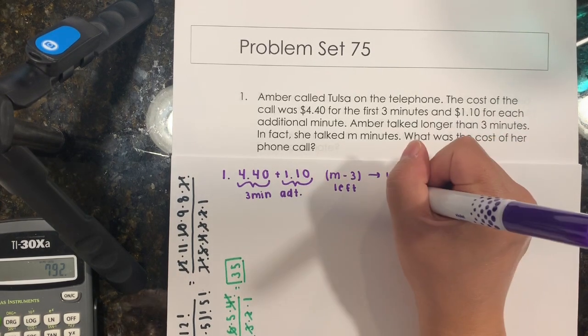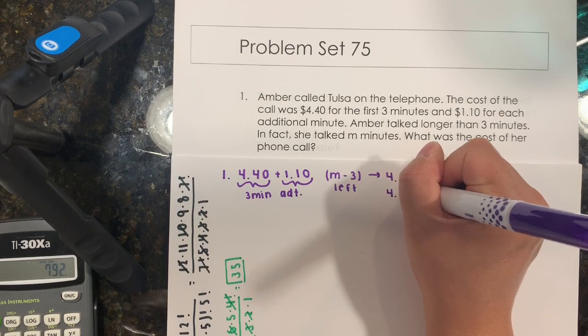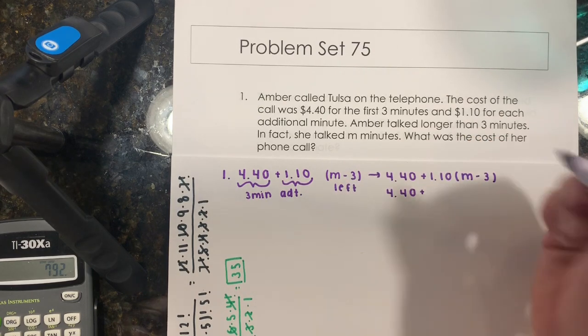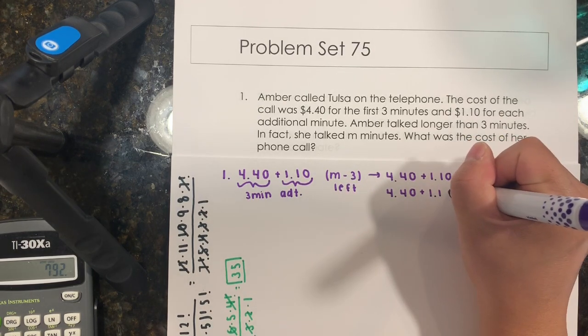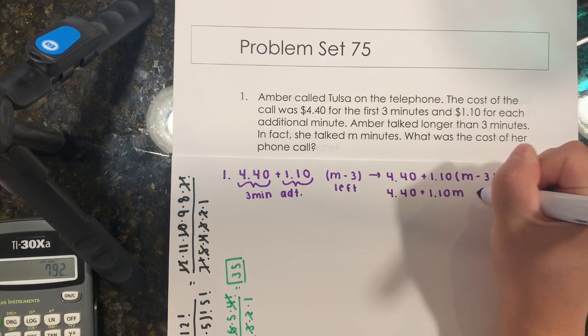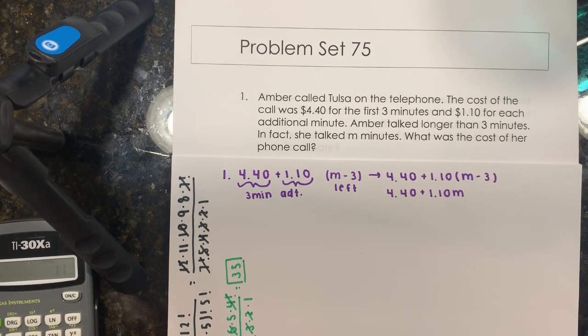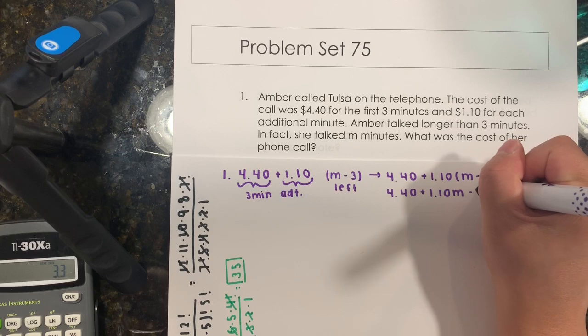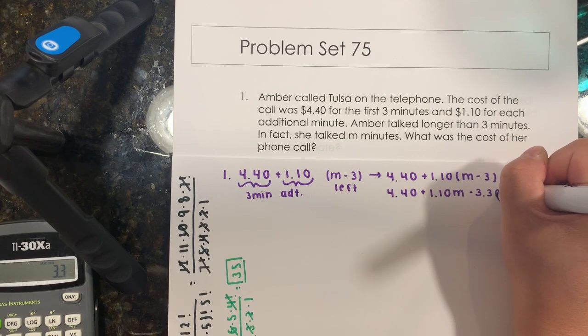Now, this is a concept review problem, so if you didn't get this one, that's fine because you're never going to be tested over this one. So it'd be plus 1.1M, and then 1.1 times 3 would be negative 3.3.